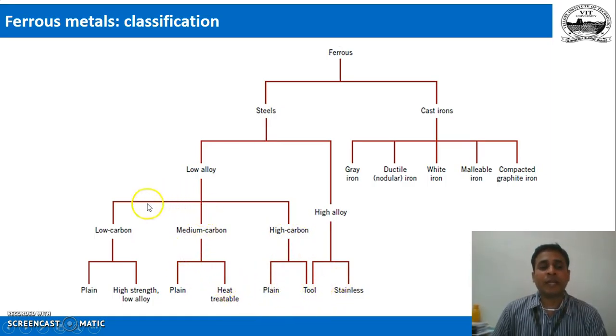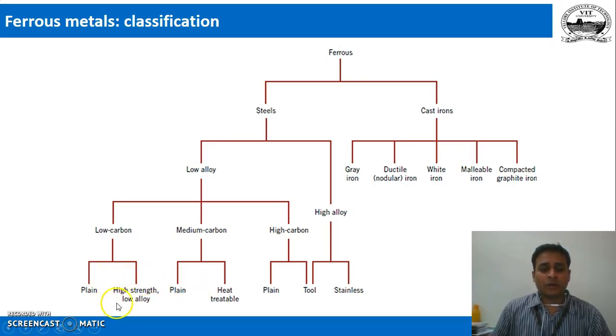Whenever you say a plain steel, or plain material, what you mean by that is you are not adding much of alloying elements. It is just iron and carbon. Then if you add, for example, nickel or chromium, or manganese, magnesium, such alloying elements, then you don't call them plain steels.